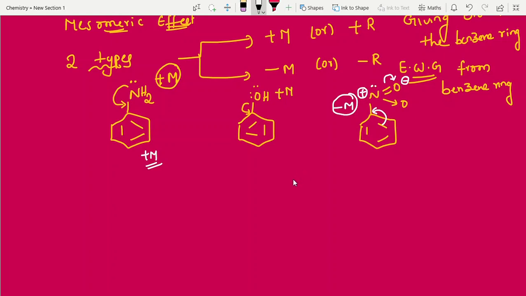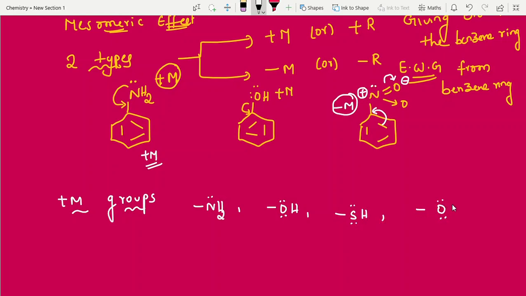All of them I am going to list out now. First, write down all the plus M groups. NH2, it gives a lone pair of electrons. Next OH, it gives. Next SH, students, you have to identify.